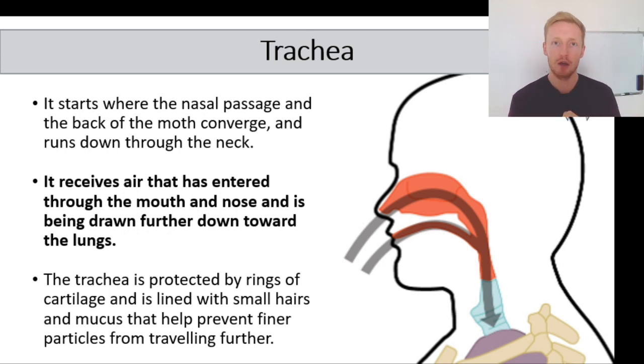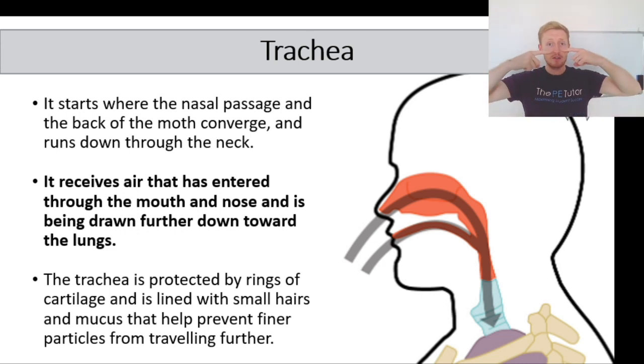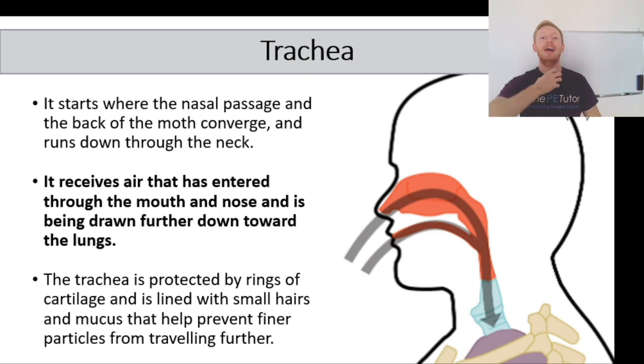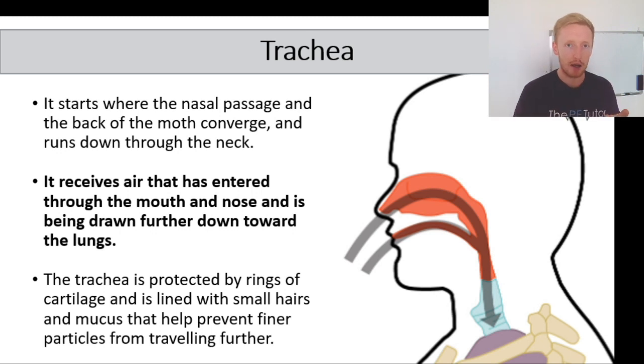Together, they help filter out even more particles, even finer ones. Because we already have the mouth and nose filtering out the big ones, it's almost like a sieve. We sieve out the big things, still some finer particles make their way in. Our trachea's mucus and cilia can help capture even these fine particles, pull them to the side, and we can digest and get rid of them.